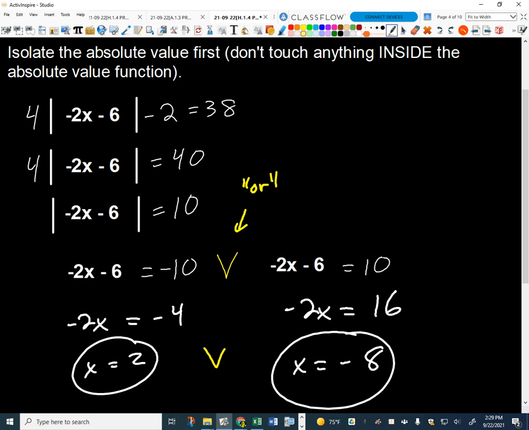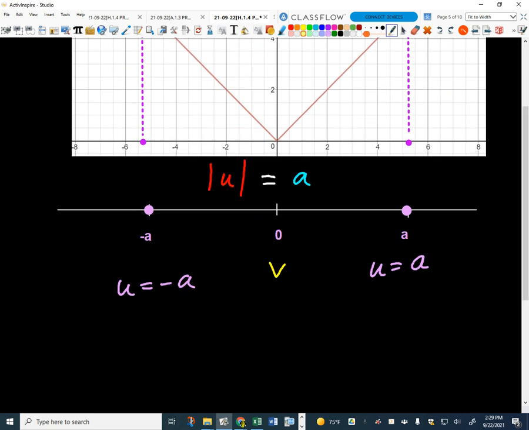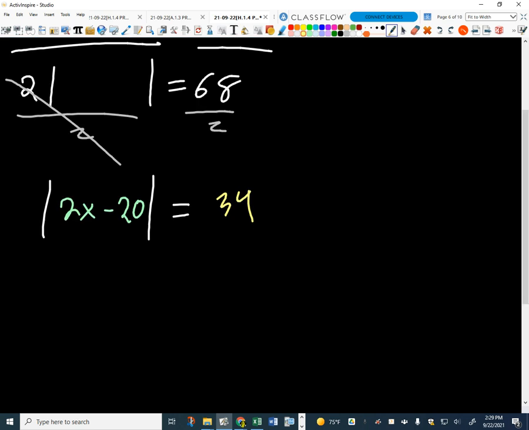That's later, right? Again, we're trading the absolute value equation for 2 regular equations. What are they? Okay, one of them is 2x minus 20 equals 34.